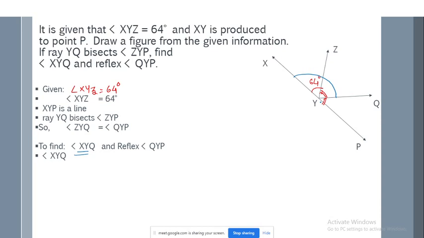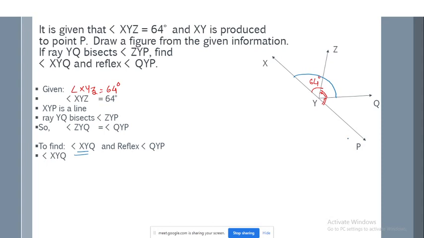Can you find any adjacent angles there? Angle XYZ is adjacent to angle ZYP, ma'am. So you can say that angle XYZ plus angle ZYP is equal to 180 degrees. That's how your reasoning should be.